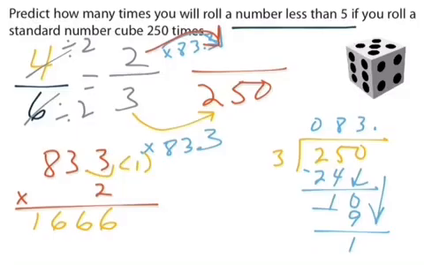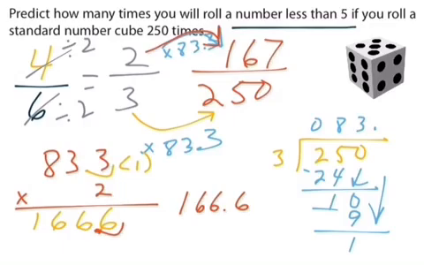Bring my decimal back one place, and I should predict 166.6, or what we would say is 167, rounding up a little bit because of the 6. Basically 167 times we could predict that we would land on a number that is less than 5.